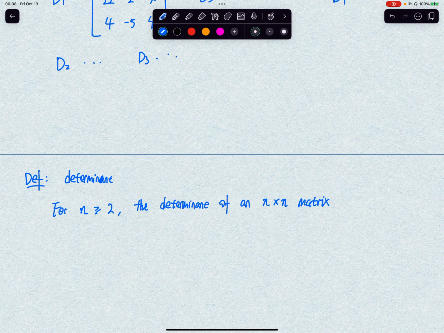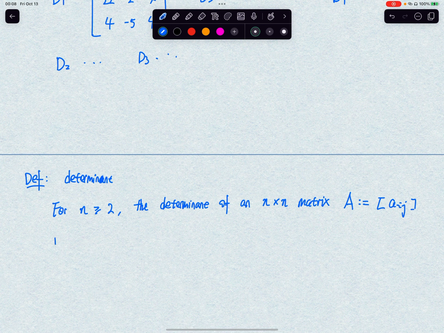So let us just use the terminology matrix just for notation. So for a matrix A, with its entry being Aij, with i representing the row and j representing the column.